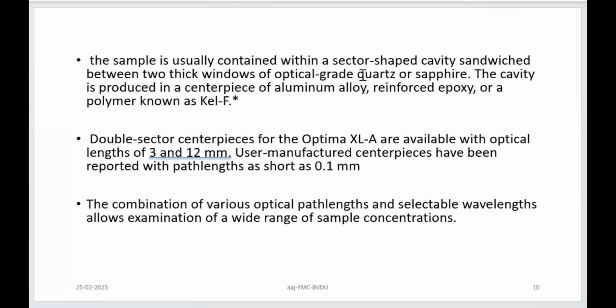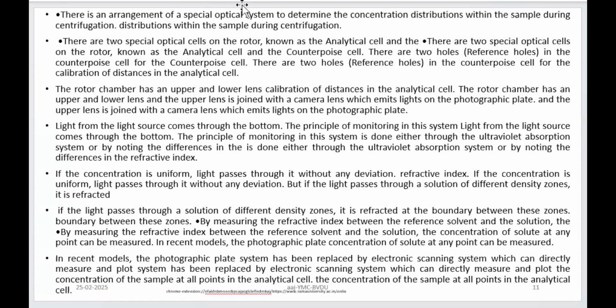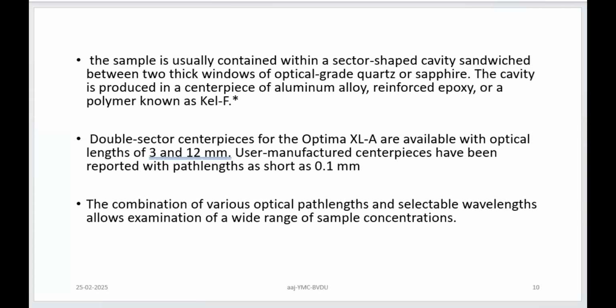We talked about it. The cavity is produced in a centerpiece of aluminum alloy, reinforced epoxy, or a polymer known as KEL-F. It is about the material that is used for designing rotors, that we have talked about earlier also.